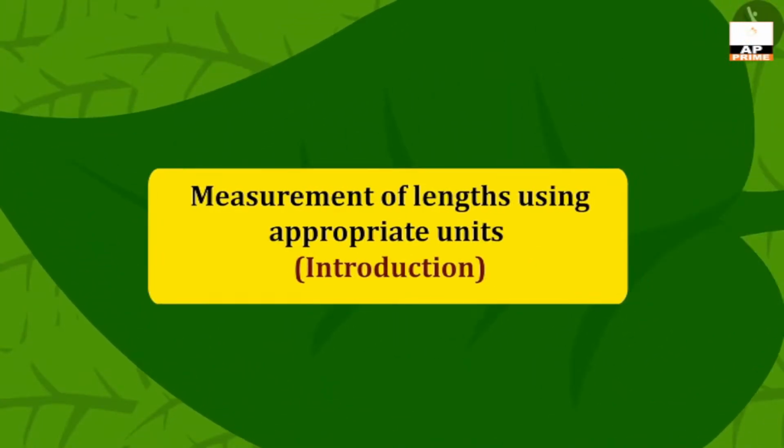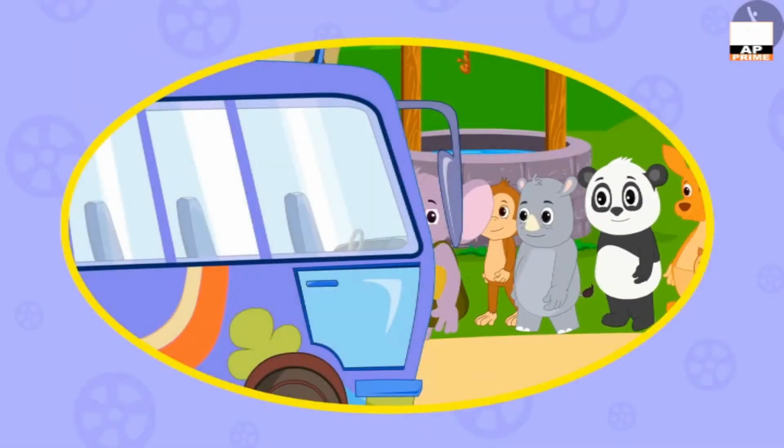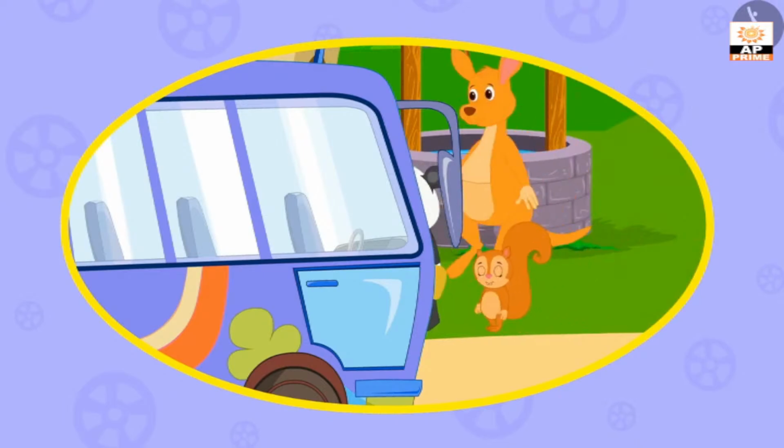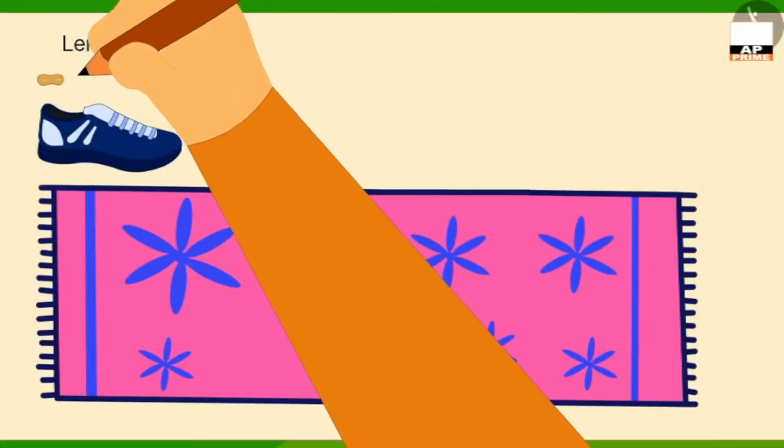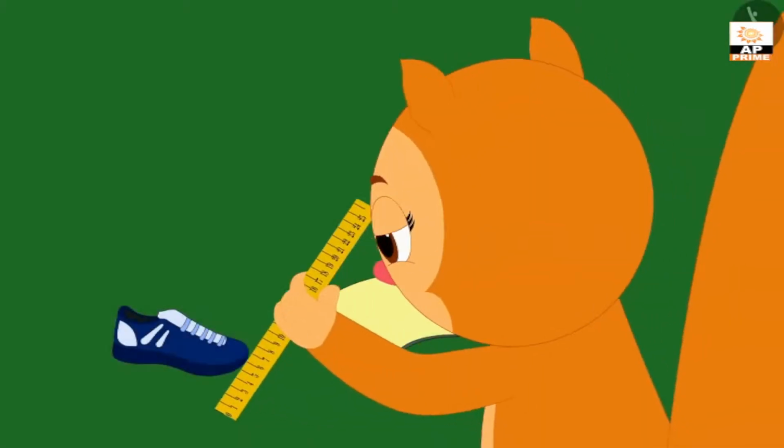Kids, in this video, we will learn about use of appropriate unit to measure the length or distance between objects. When Chanda went on a trip with the villagers, she wrote the length of some items on a paper.